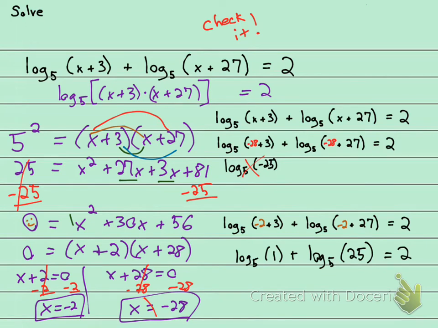Log base 5 of 1 is 0, by definition, plus, if I rewrite this one, it's going to be log base 5 of 5 squared, and this is going to be 2. When your bases are the same, we have that property where you could bring the 2 out in the front if you want, but it's just going to be 2. 0 plus 2 equals 2, and that checks out.